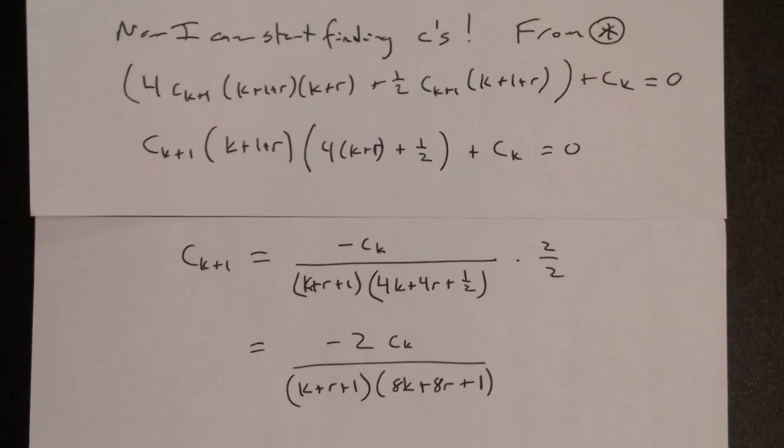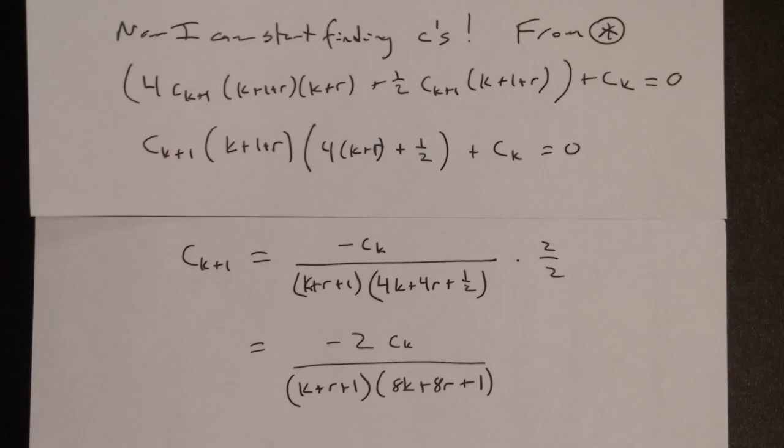Do you see why I need to know the values of r first? My choice of CK now depends on which choice of r I use. And that means that there are 2 different power series. Remember, Frobenius' theorem says there's at least one. Since I have 2 choices of r, I get 2 series.